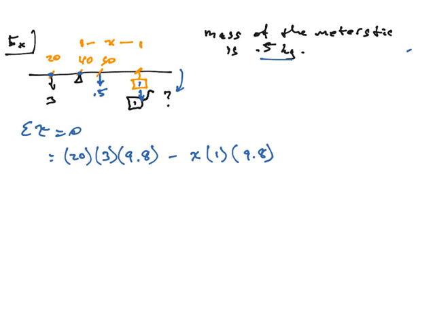So now we have another torque. What's the distance? It's from 40 to 50, which is 10. What's the force? M, 0.5 times G, 9.8. Is he positive or negative? He's negative because it makes the seesaw want to go clockwise. And now we have all the torques in our problem.